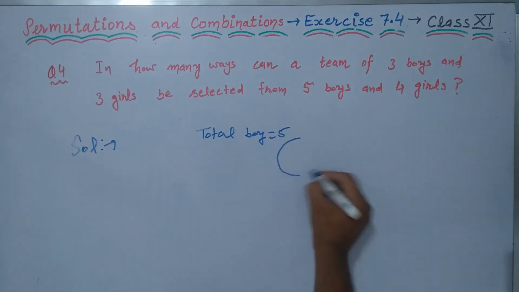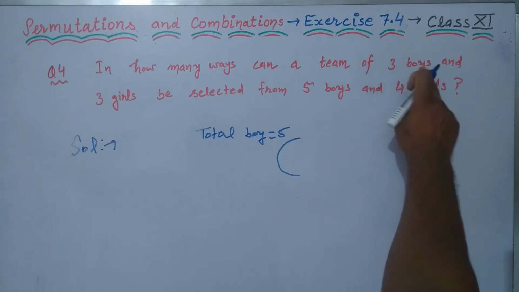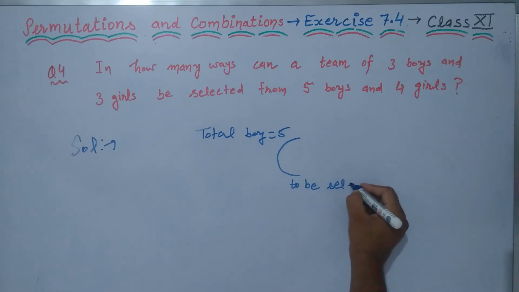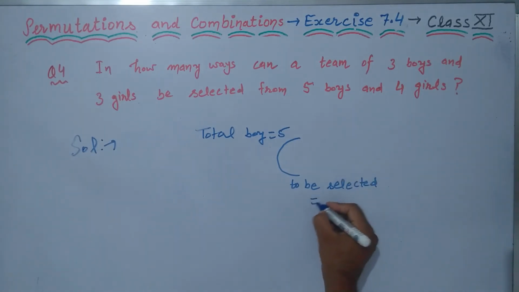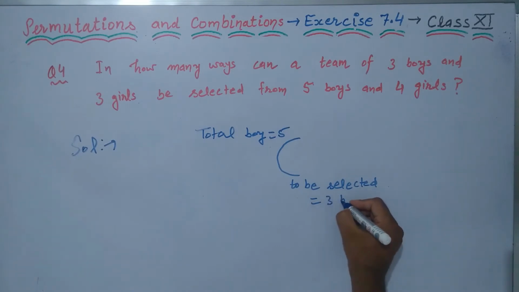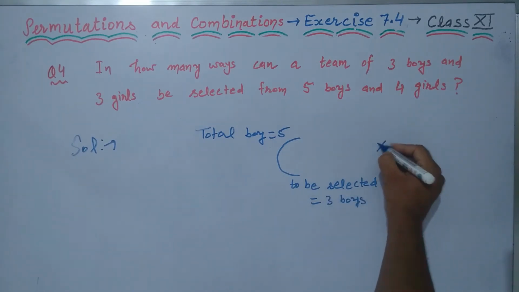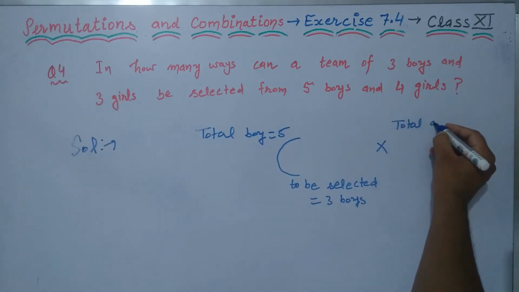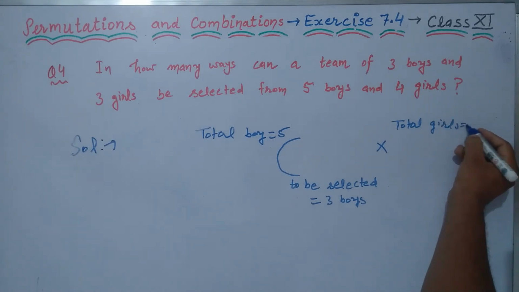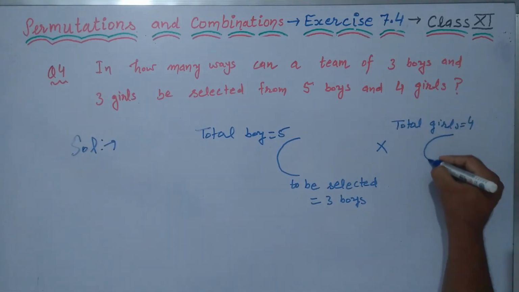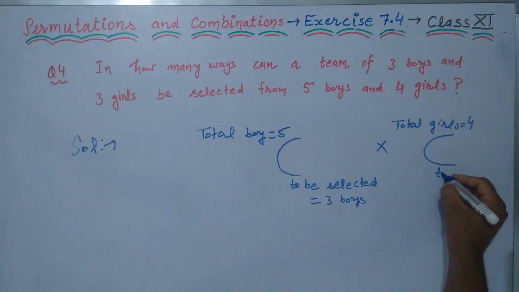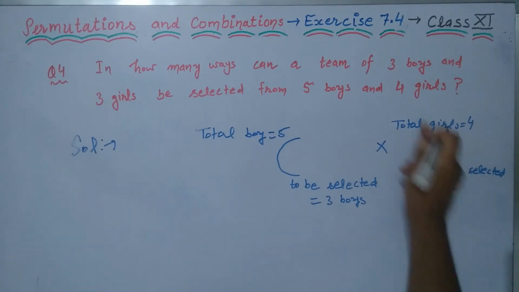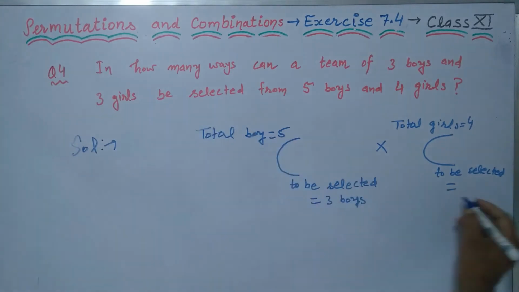Out of 5 boys we are going to select 3 boys into total girls, there are 4 girls, and out of 4 girls to be selected is equal to 3 boys and 3 girls.